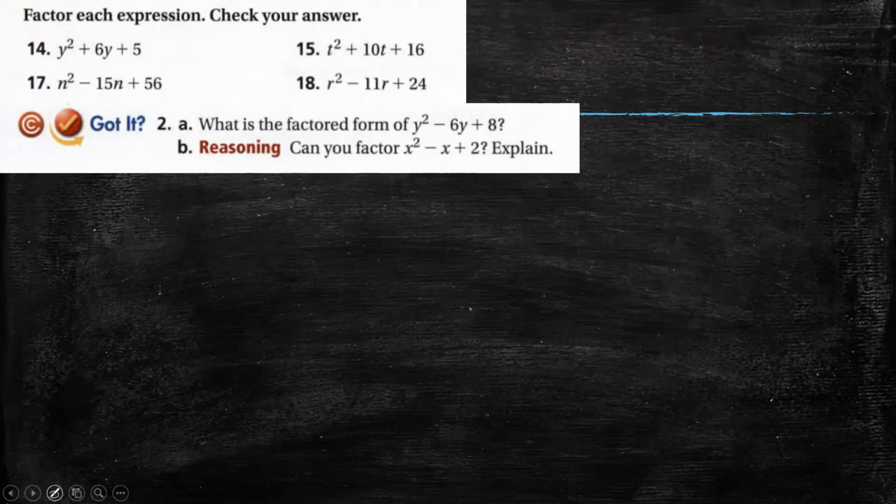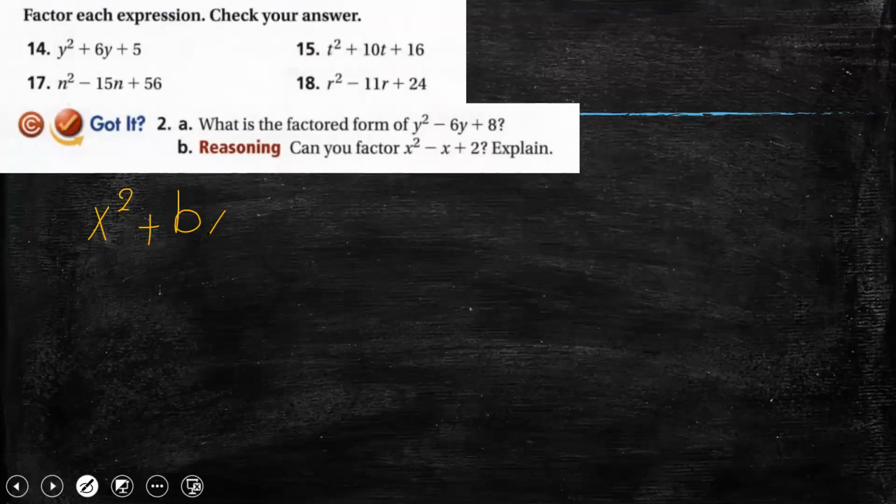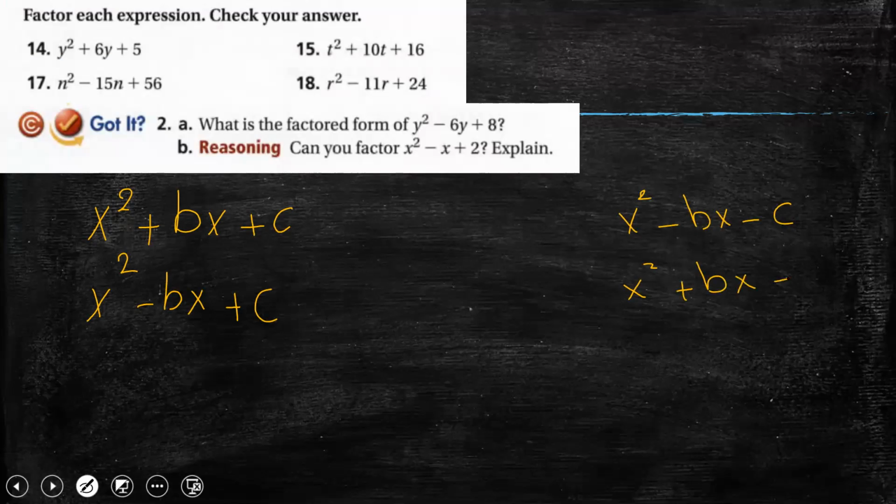Now, yesterday I told you that we have 4 cases of factorizing. These factors could be like x squared plus bx plus c, or x squared minus bx plus c, and x squared minus bx minus c, and x squared plus bx minus c.